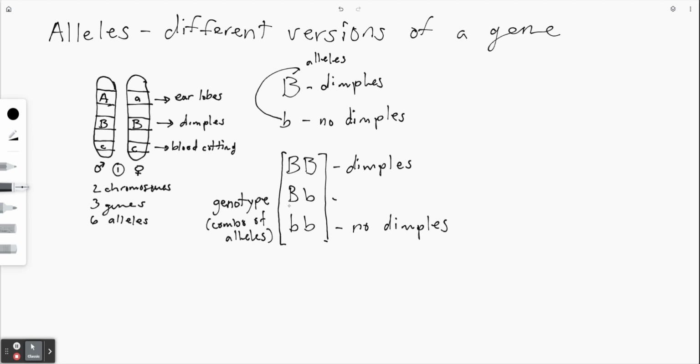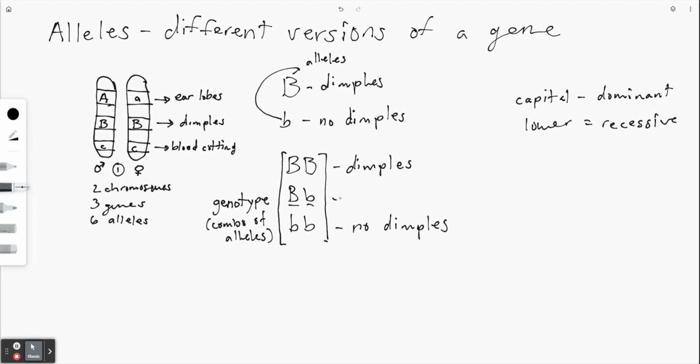What it's going to mean is that the capital letter is going to overpower the lowercase letter. Maybe write this somewhere in your margin: capital letter is dominant, and lowercase is recessive.